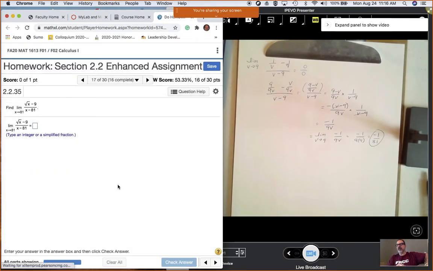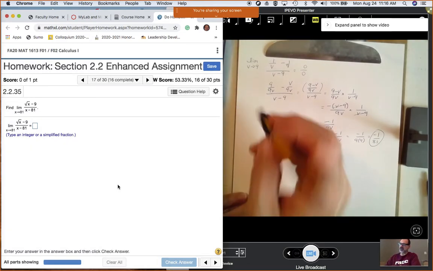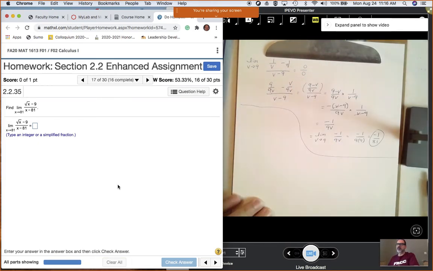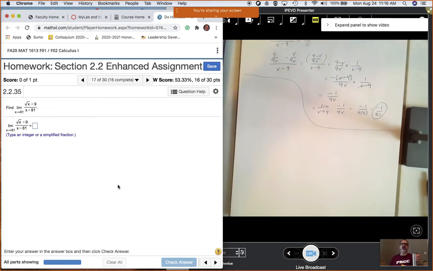The function may not actually exist at that y value. In fact, it doesn't, which is why we've got the 0 over 0. But the function is still approaching a particular y value as it gets nearer and nearer to the x value that we're given. Okay?